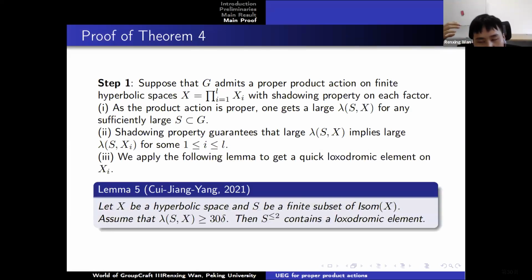It transfers the large displacement on the whole space to large displacement on the vector space. Yes. And the shadowing property excludes the situation that any finitely generated group will act properly on its orbital of its Cayley graph. The property will exclude this situation.